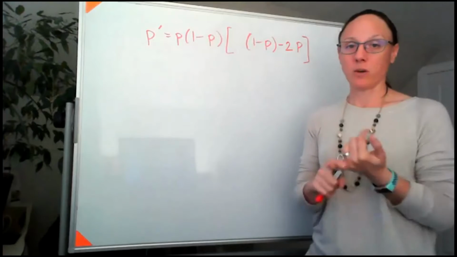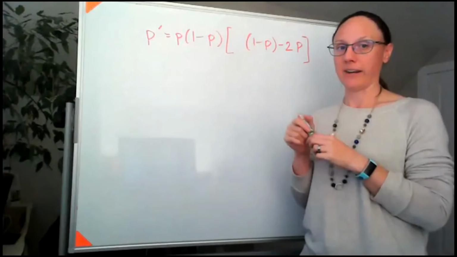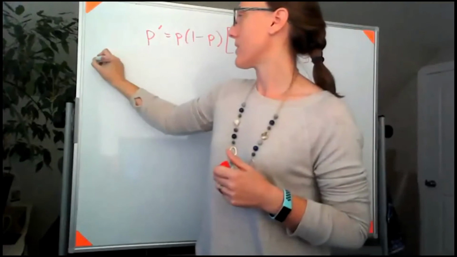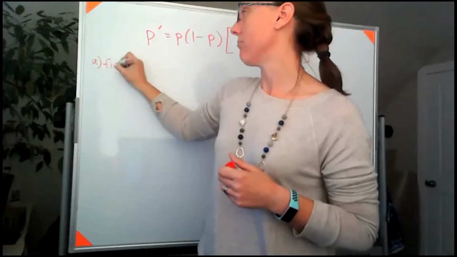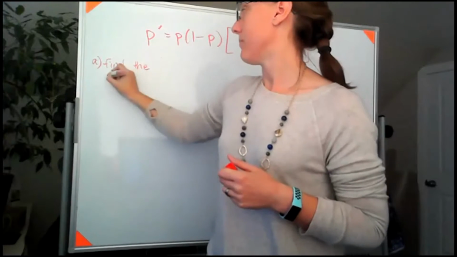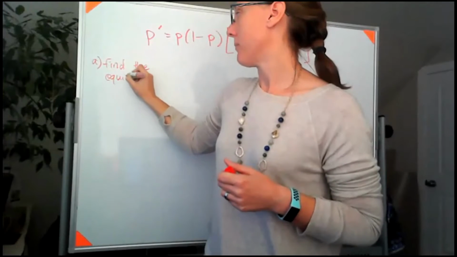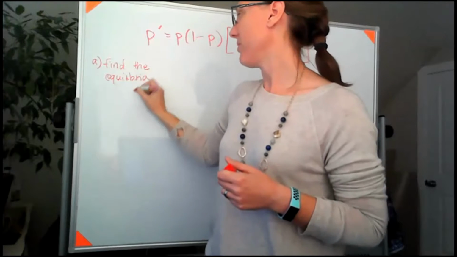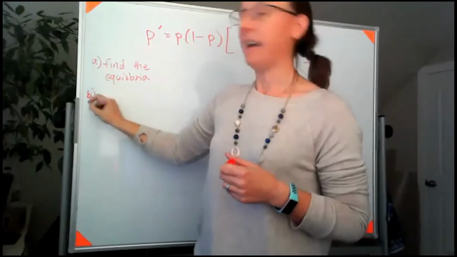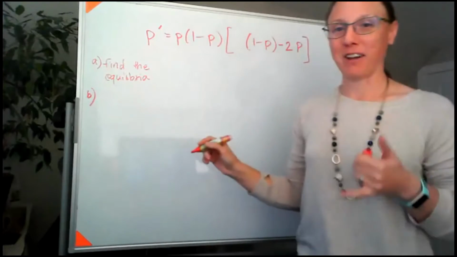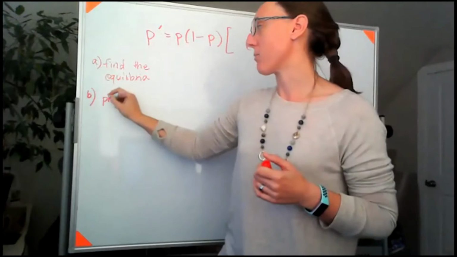So in terms of questions that we're trying to answer here, I want to find all the equilibria. And I know that's messy, hard to read, but I want to find all the equilibria. I want to draw the phase plot.